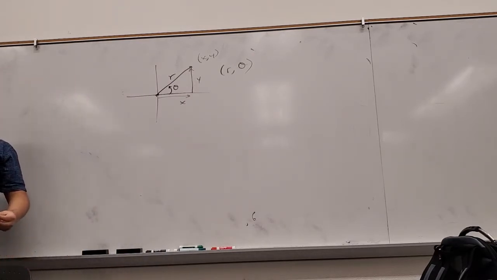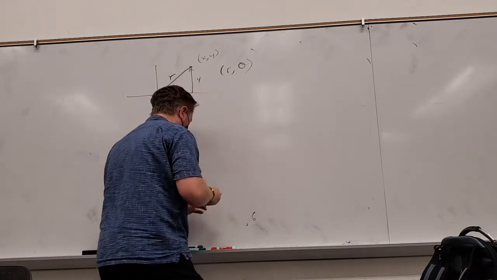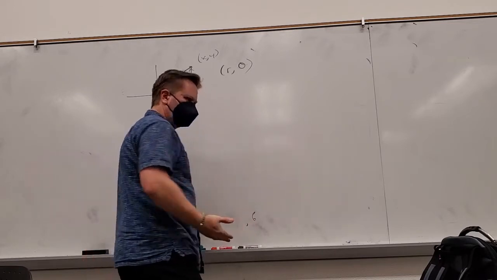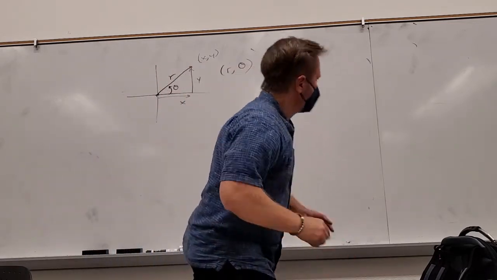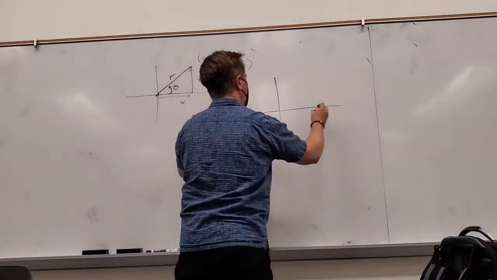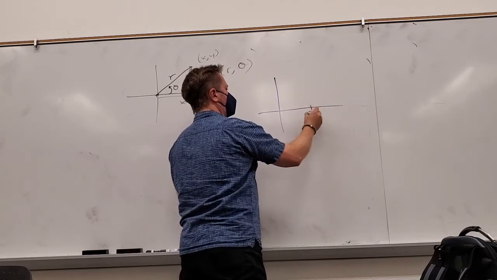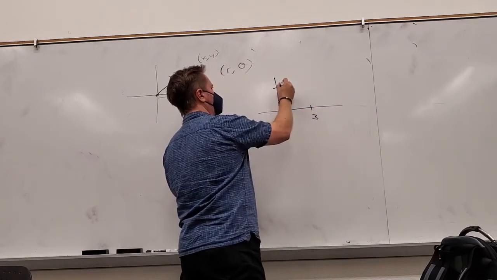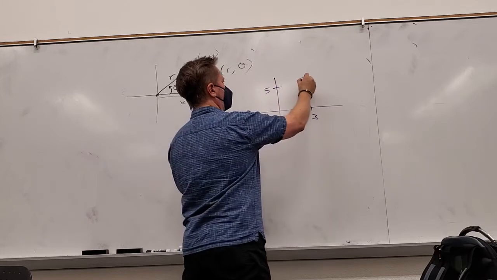Can we create conversions between these? Well, let me do this first. Let's do a specific concrete example. So let's just say this is 3 and this is 5, and there's a point.